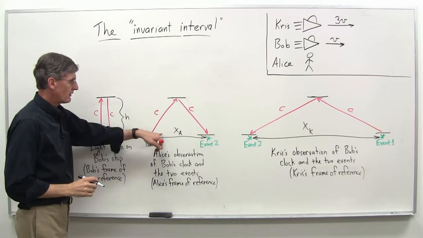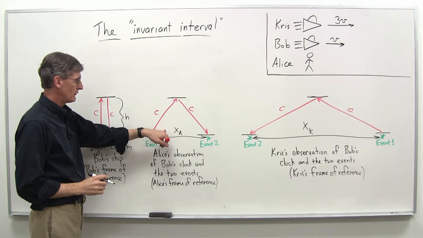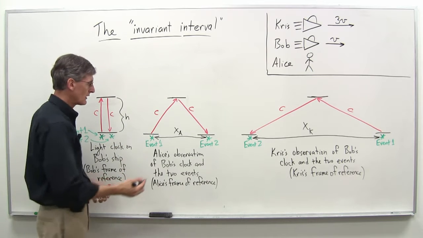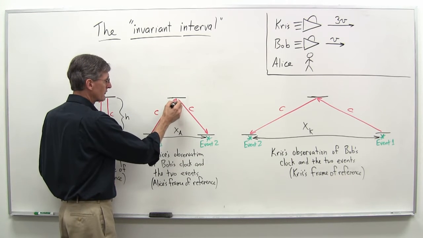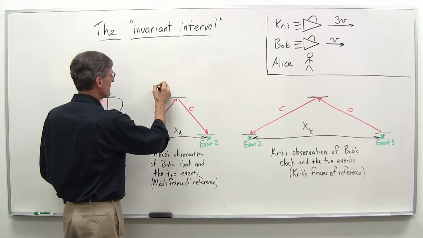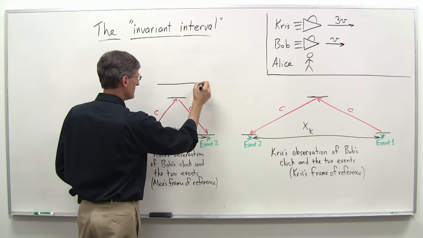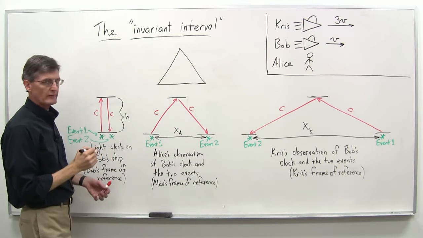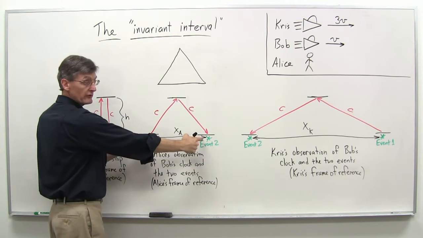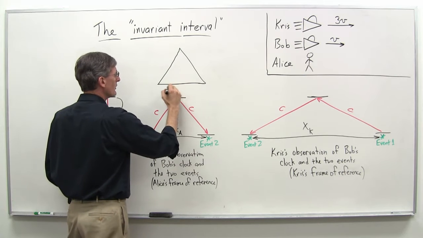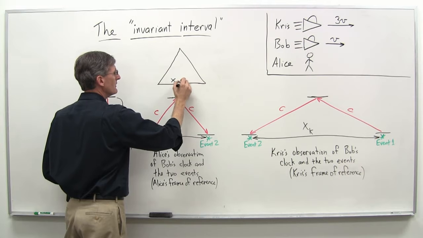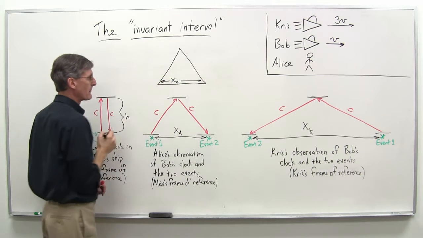So let's consider Alice's case first. We've done similar analysis when we did the first light clock analysis. Let's redraw the triangle here for Alice, roughly something like this, more or less. And we said this distance here is x sub a. So I'll put it in here, x sub a.